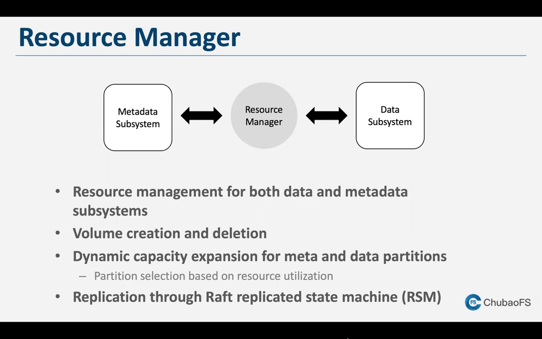Then when we see that this partition is about to be full, we'll create new partitions. The starting point of the inode ID for the new partition will be 101. In that way, we will not have duplicate inode IDs for different meta partitions within the same volume.